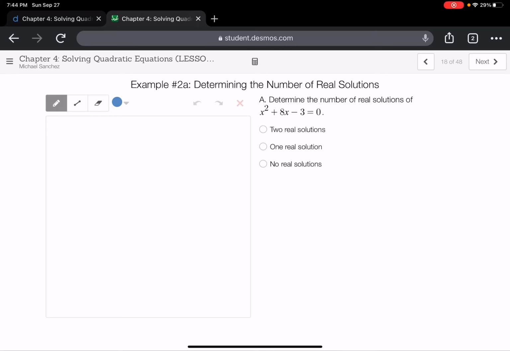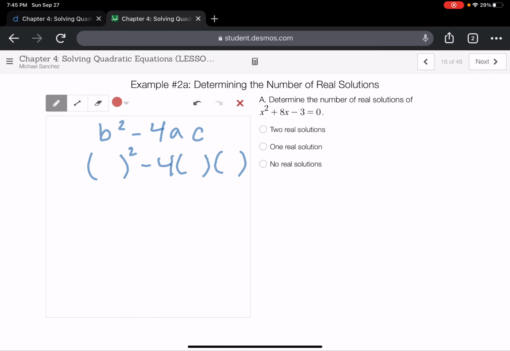So I start off with my equation, and all I'm going to be doing is b squared minus 4ac. This is my discriminant. I'm going to substitute the a, b, and c with values from the equation in part A.